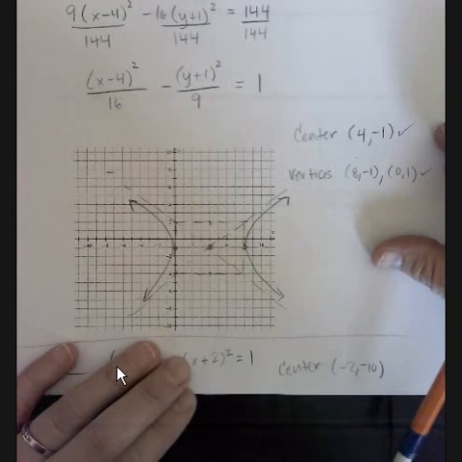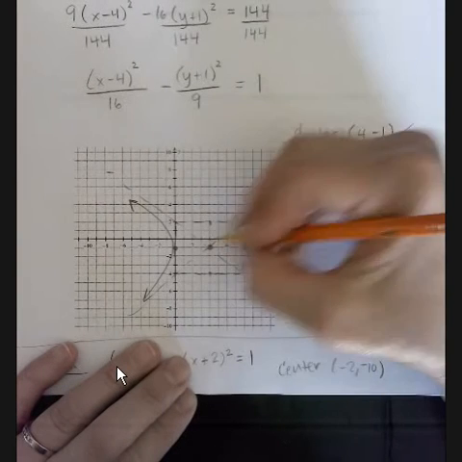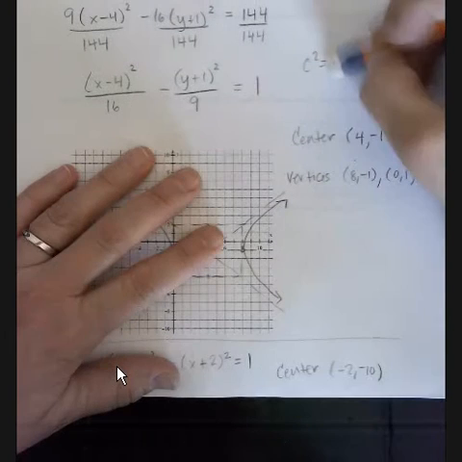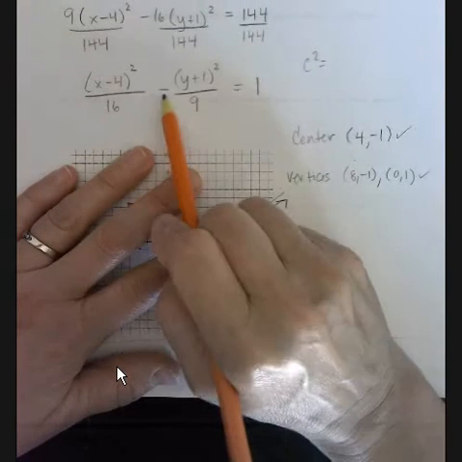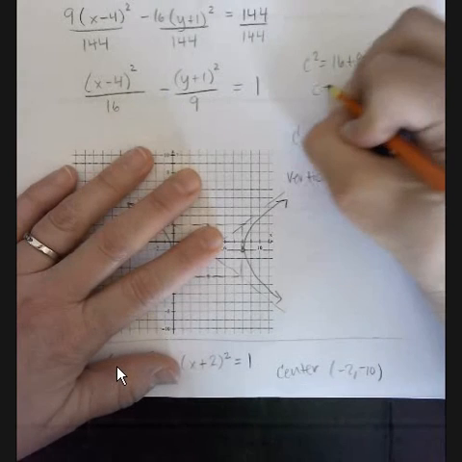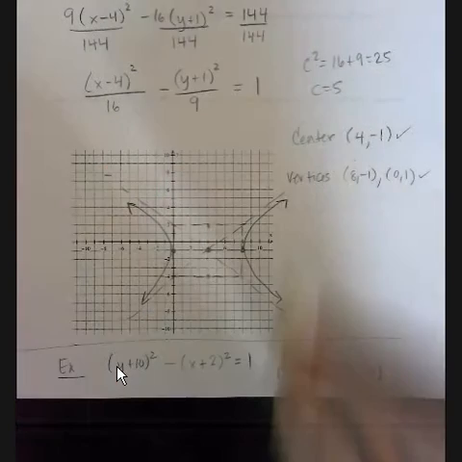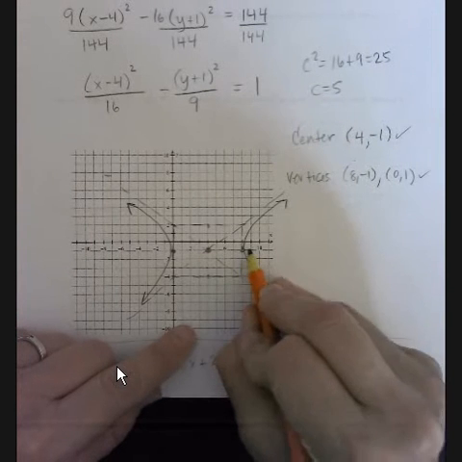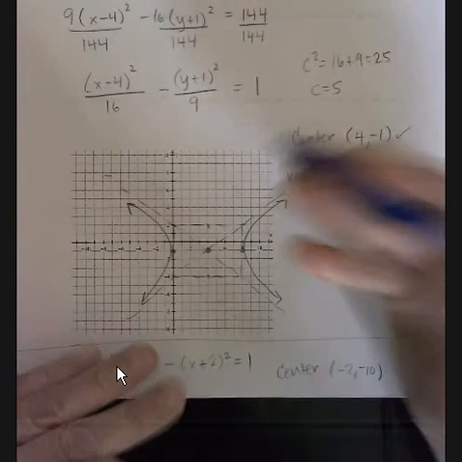So the foci, remember we add these two numbers when it's a hyperbola. You always do the opposite operation of what you see here. So 16 plus 9 is 25, so c equals 5. You go from the center and count 5 units. You should end up in the cup of the 2 branches, not inside of the box.